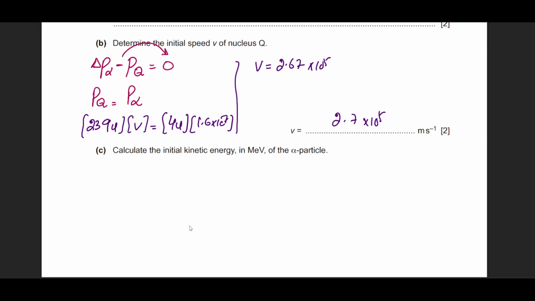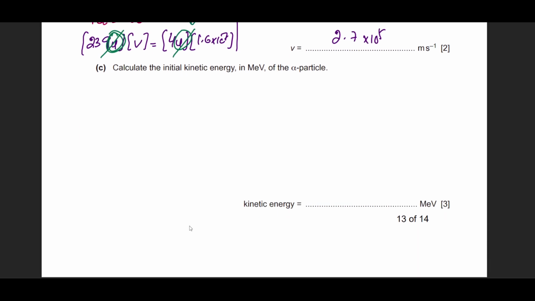You could have replaced U with 1.66 into 10 raised to power minus 27 in this equation, but it will not serve any purpose because it is being multiplied on both sides, so U gets cancelled out from both sides. There is no point in letting this value take part in the equation, to make things easy for us.